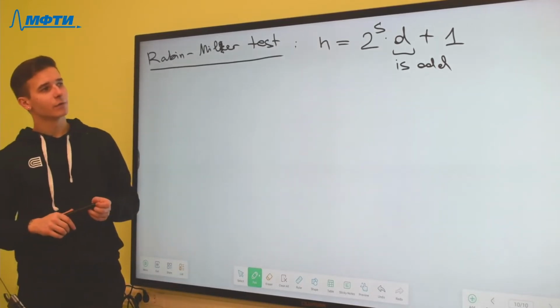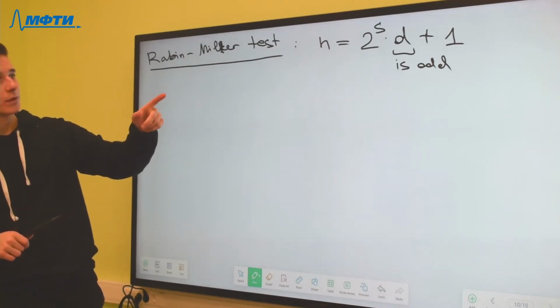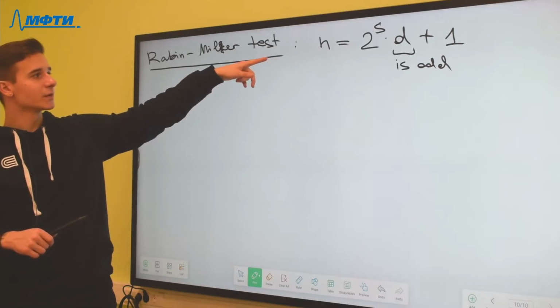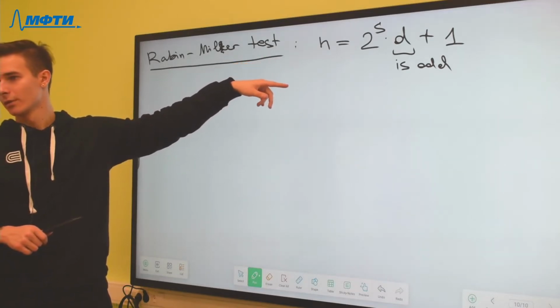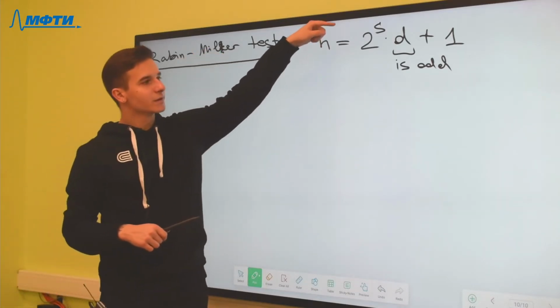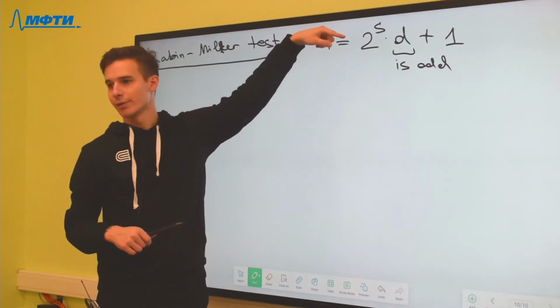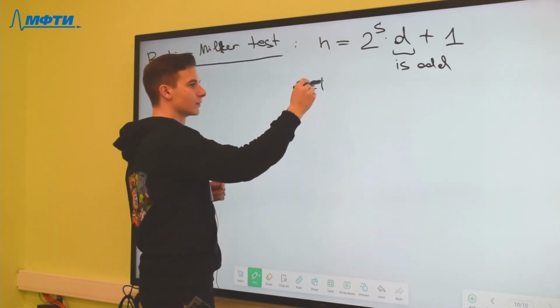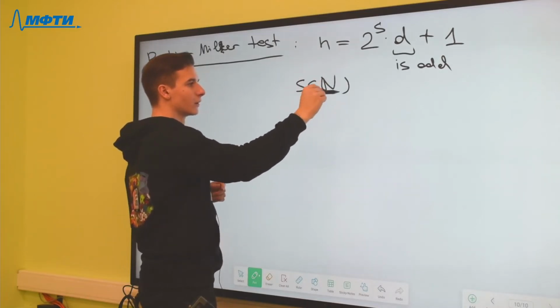For example, for n equal to 15, we have the equation 1 plus 2 multiplied by 7, and in this case s is equal to 1.